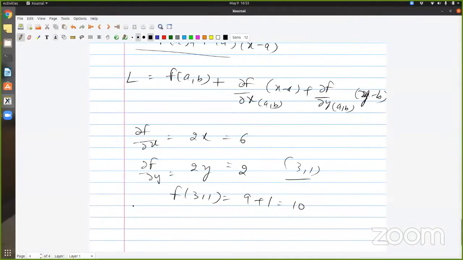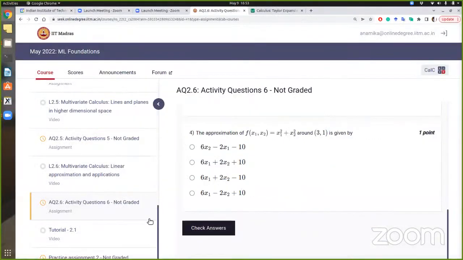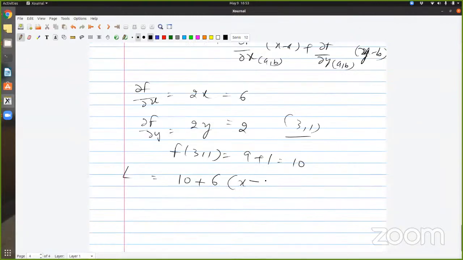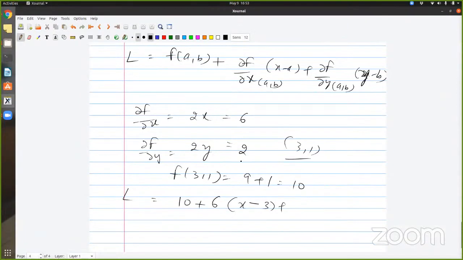So linear approximation is equal to f of a comma b, 10, plus dou f by dou x at a comma b, which is 6, into x minus a. What is your a? 3. Plus dou f by dou y, which is 2, into y minus b, that is 1.